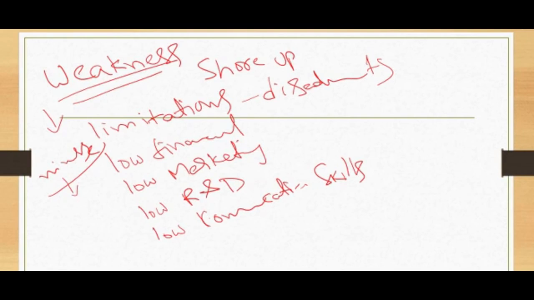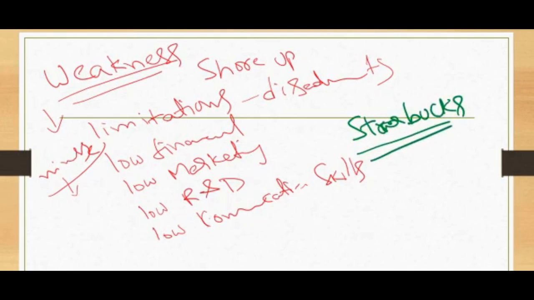So let's again go back to our example of Starbucks. So what is the weakness of Starbucks? One, obviously, if you have visited Starbucks, you know it is a very high price, right?